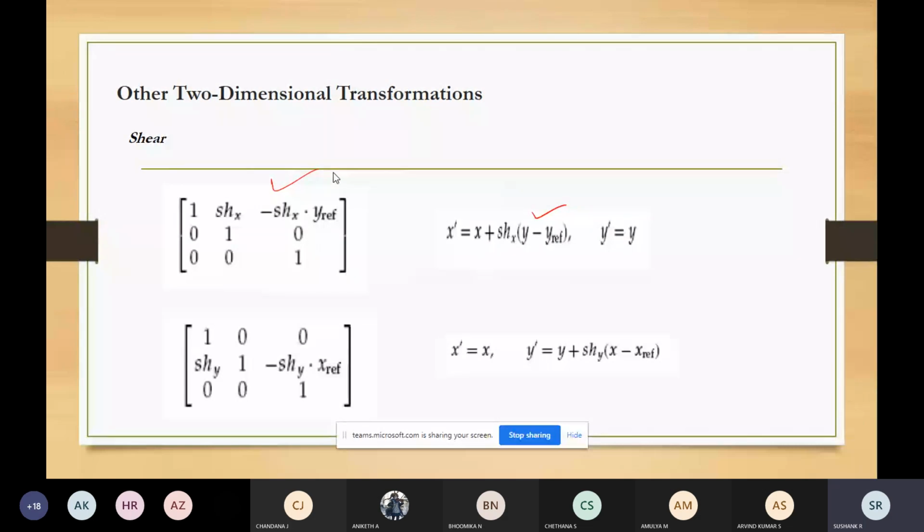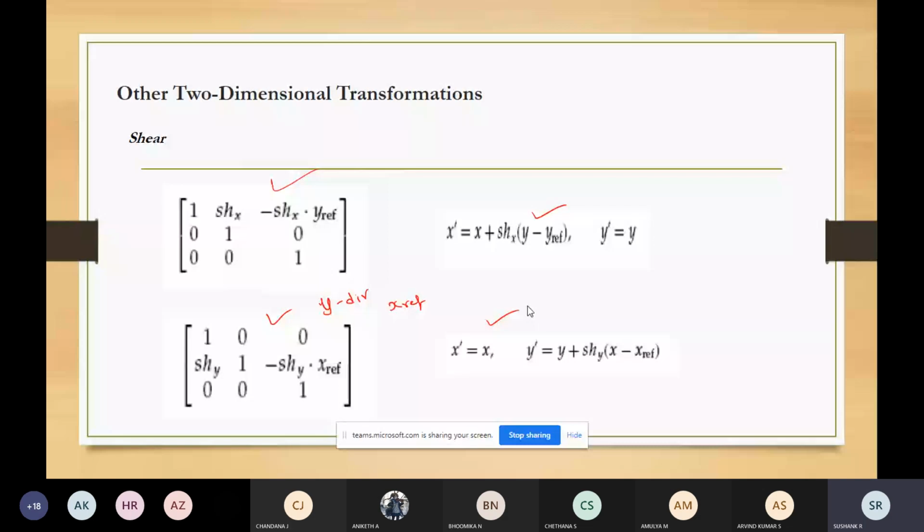And also you can get the y direction shear with respect to the reference line x reference by this transformation matrix and the coordinate values. So these are the other 2D transformations. So this is also important.